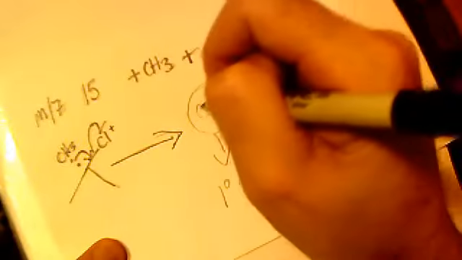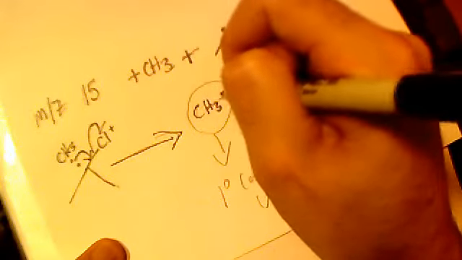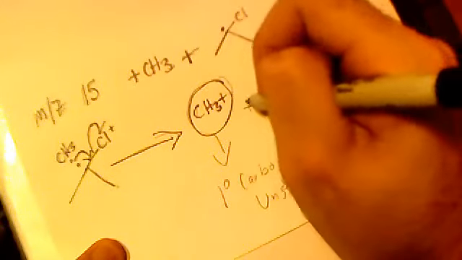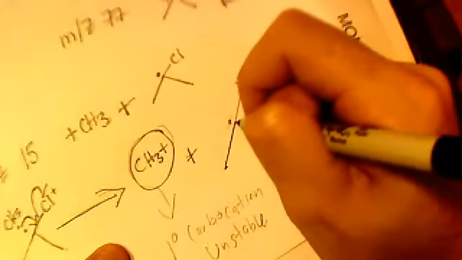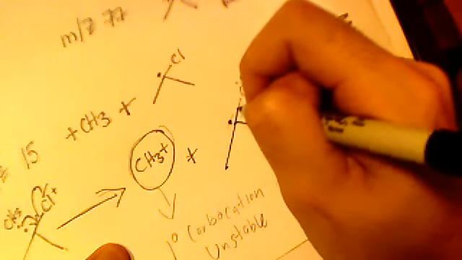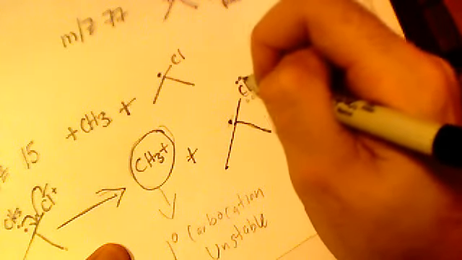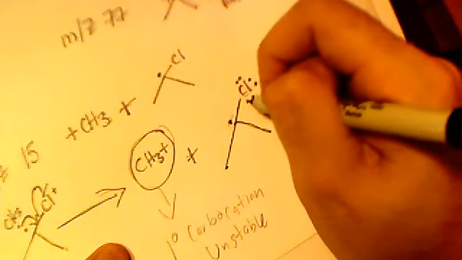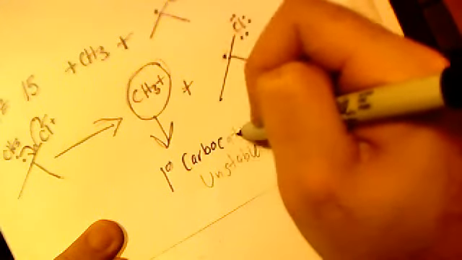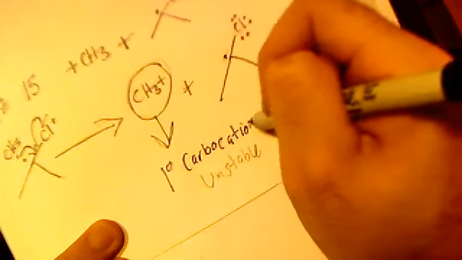And then it would leave as a positive, and this would become a neutral radical. But that's not very likely to happen because that would be a first degree carbocation, and that's not the most stable thing that we can get, right?